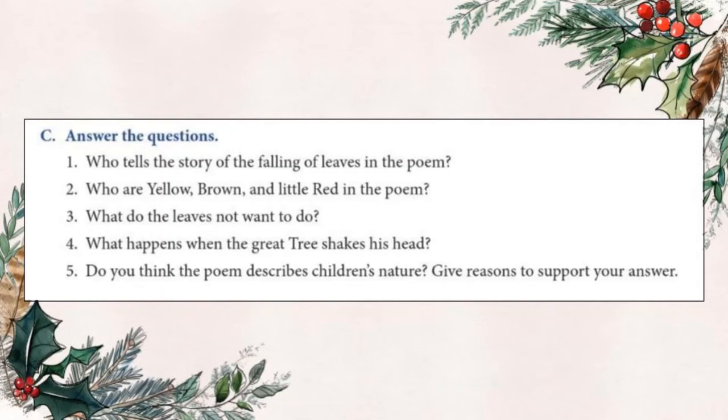Rustling means the soft sounds made by the leaves. So, there is great irregular motion and soft sounds everywhere, and the leaves come flying down to lie down on the ground.